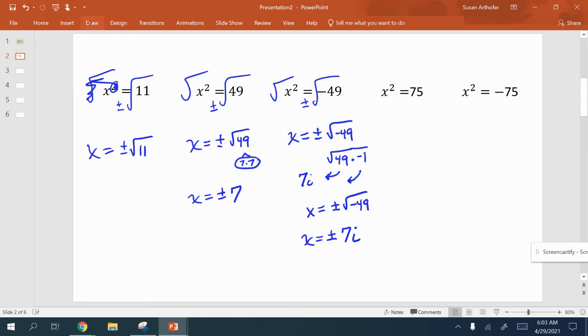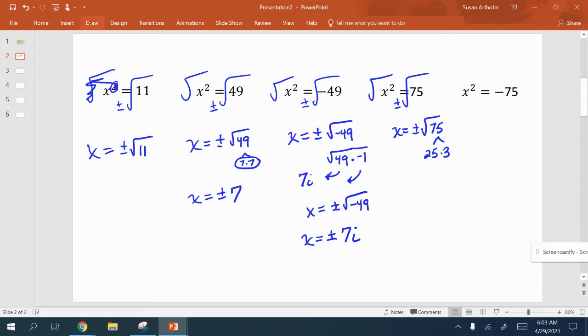Okay, the next one, x squared equals 75, we're going to have to break down. So we're going to take square roots both sides. Out comes x, and we have to reduce square root of 75 because there's a good number inside 75. We can break up 75. How many quarters are in your hand? 25, 3 quarters, 25 times 3.